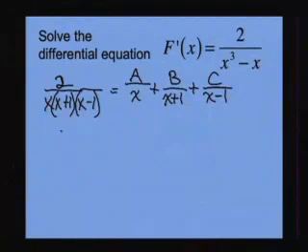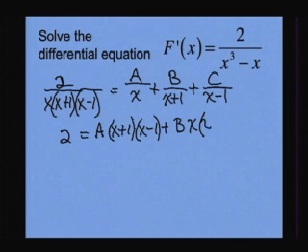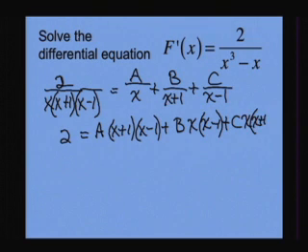So on the left-hand side, we'll just get 2, and then we'll have a times x plus 1 times x minus 1 plus b times x minus 1 plus c times x plus 1. So again, we need to choose values of x that would allow us to solve for the variables in here.